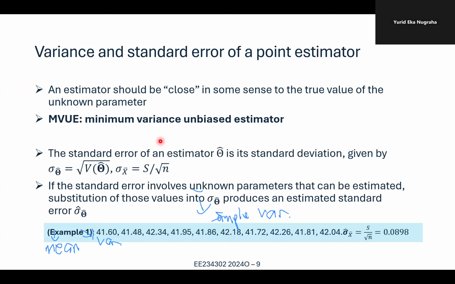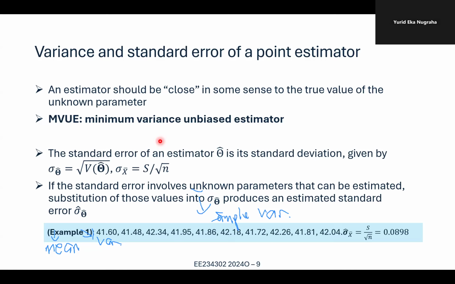Now, several characteristics of the point estimator, as we can see in the slide. An estimator should be close in some sense to the true value of the unknown parameter. That's the principle we have to adhere to: if you want to estimate some value, it may not be exactly the same, but it should be somewhere close.